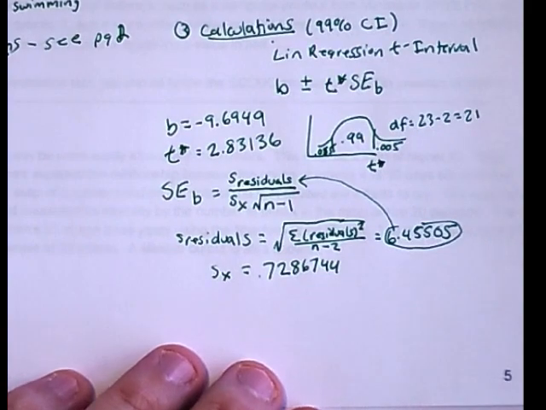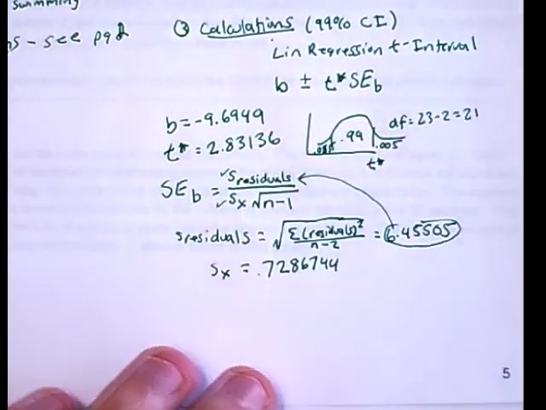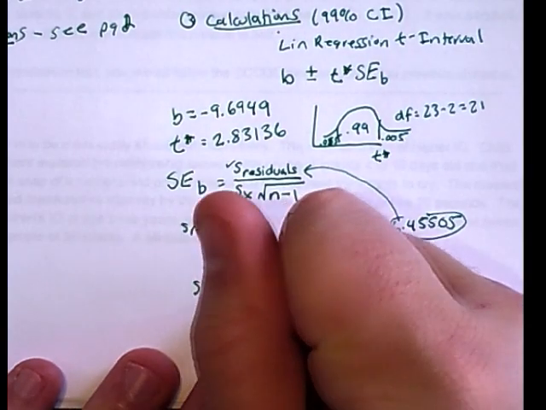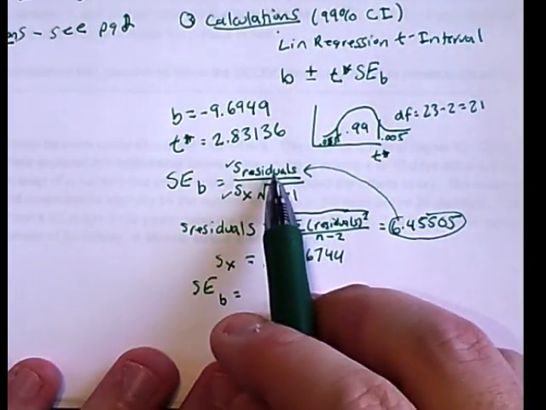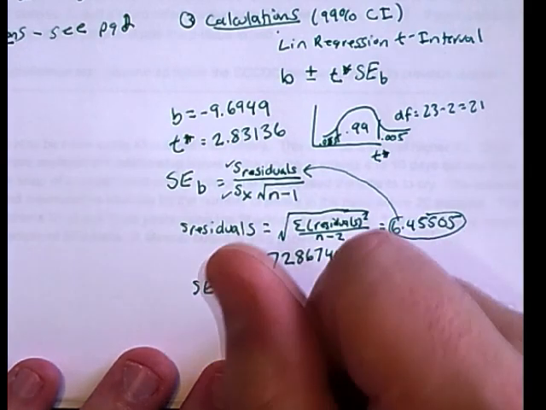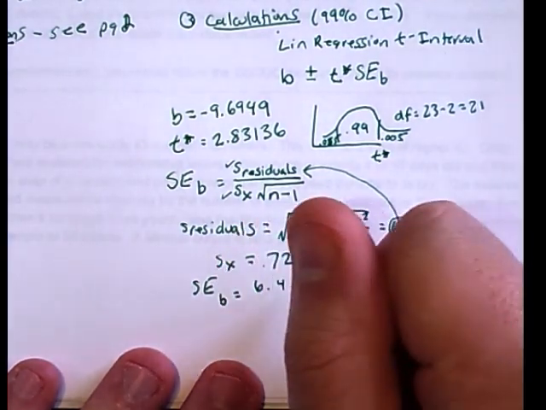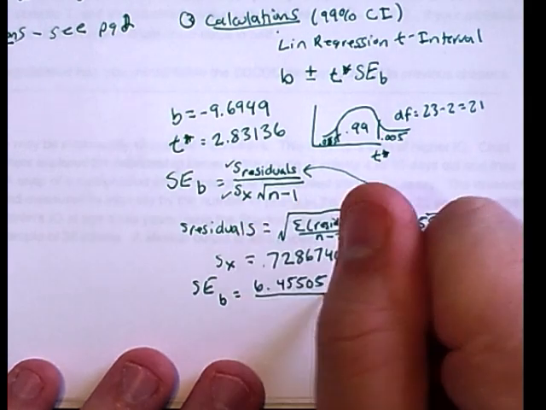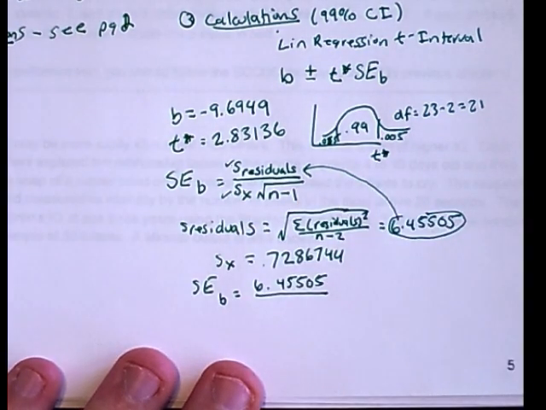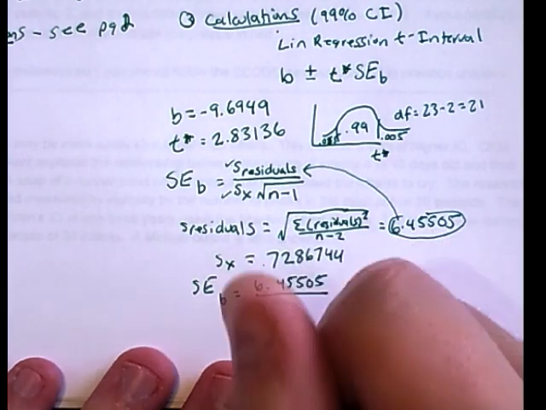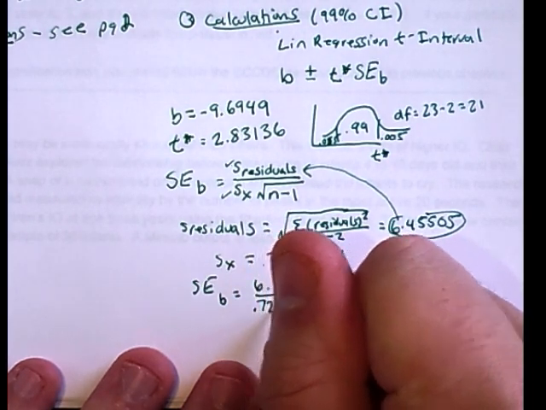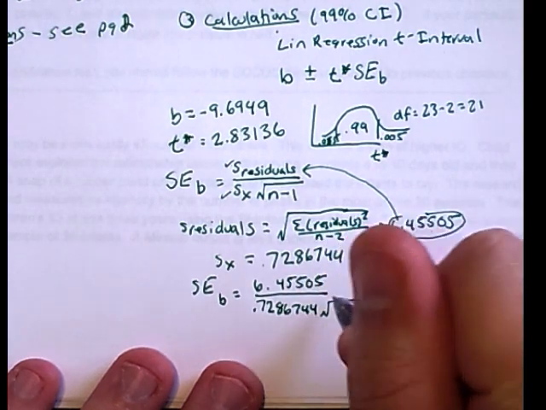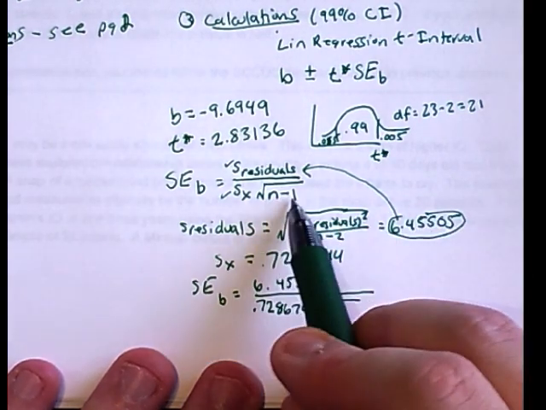All right, so now I know n, so I can actually do the calculation here. SE of B is the standard deviation of the residuals, which is 6.45505, over the standard deviation of the x values, 0.7286744, times the square root of n minus 1.